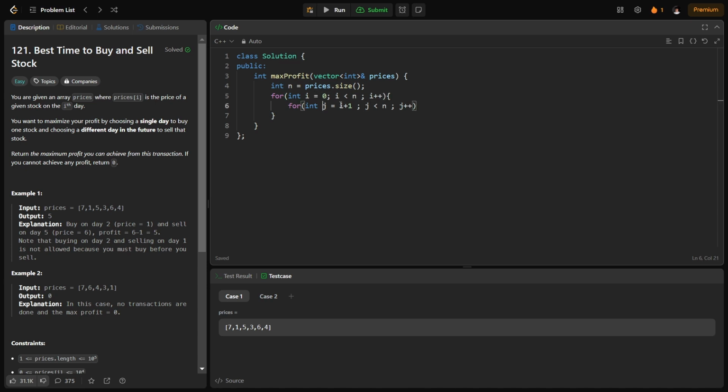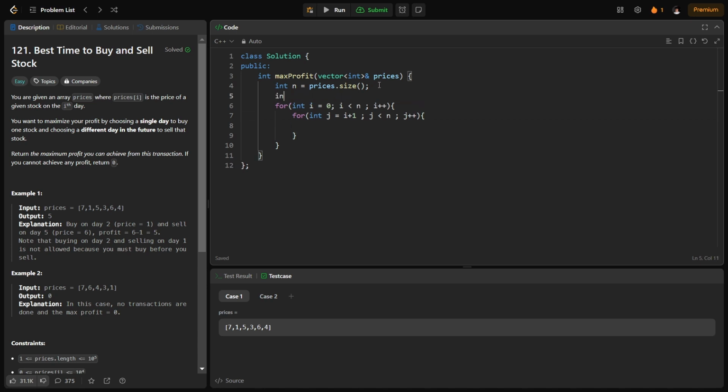Okay, so if that is the case, let's declare int maximum equal to 0, and maximum is equal to max of maximum and nums of i minus nums of j.